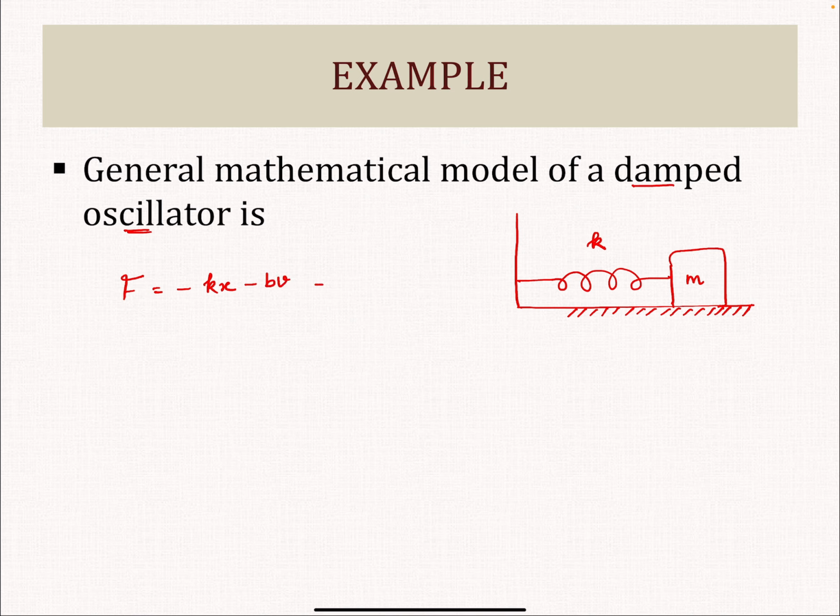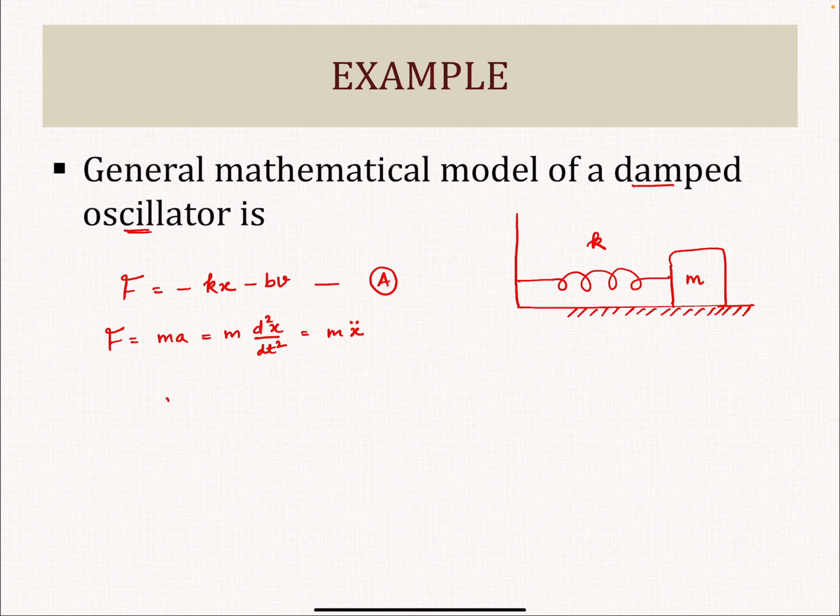We can write this as equation A. Now as we know, F equals ma, and acceleration is basically d square x upon dt square. We can also write A like this. So we can write m times d square x by dt square as x double dot, putting two dots for this.